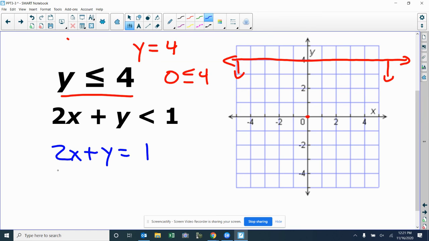We'll do him in blue down here. Gotta take the 2x over, so it's gonna become negative 2x plus 1. Graph that one now. Plus 1's your intercept. Your slope is negative 2 over 1, down 2 over 1. He's gonna be what, dotted or solid? It's gonna be dotted.